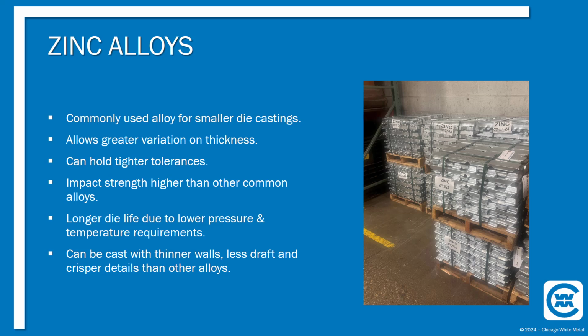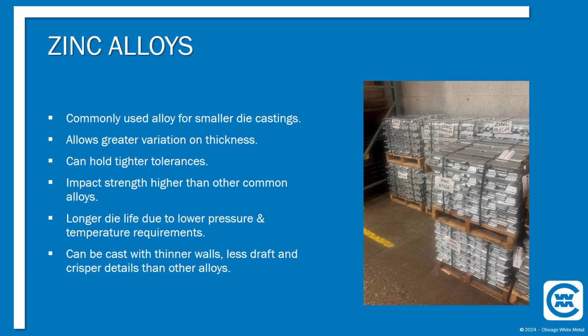But again, there are applications that require the weight. If you have something that's going to sit on your desk and you need the extra weight for that to sit stable and not move around, then zinc die casting may be perfectly good for that, even though it's going to be heavy because you need it. You can typically get tighter tolerances held with zinc alloys. Very good impact strength.